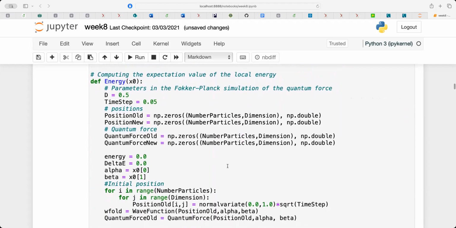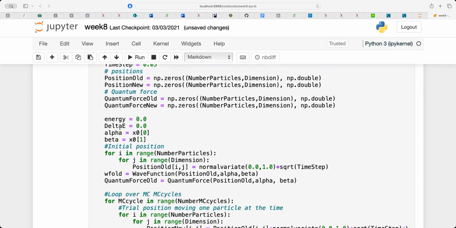And then there's a function which calculates the energy with an input x0, which is now the set of variational parameters. So that is a vector, which in this case contains 2 parameters, which I've called alpha and beta. So you see here it's alpha and beta, and one is the first and the other is the second one in the array.